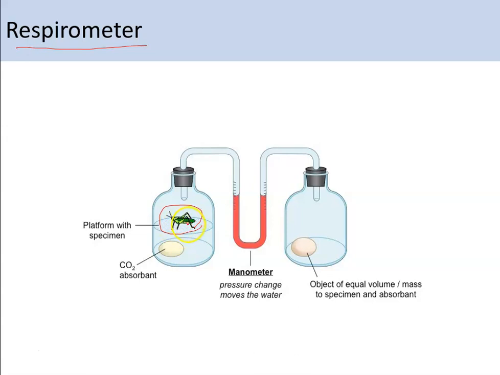This could be an insect, or a germinating seed. Any organism with live activity that does respiration can be used for these types of experiments. Actually, we cannot do this experiment in our IB because we cannot use insects in our experiments.